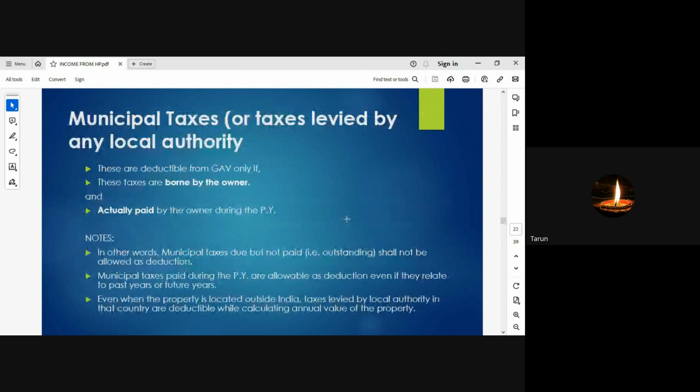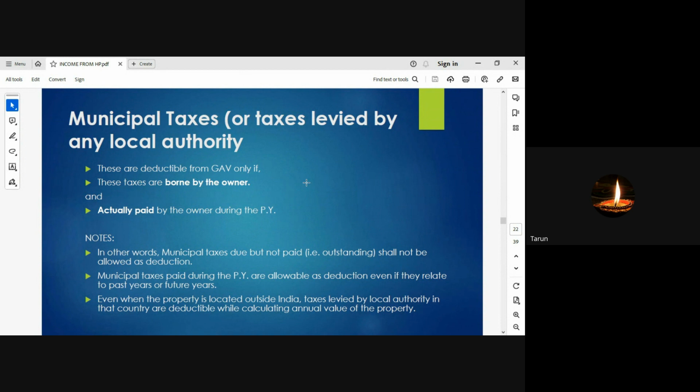Now we talk about the municipal taxes or the taxes levied by any local authority. These are deductible. As I told you, municipal taxes are always deductible from the gross annual value only. These taxes are borne by the owner, that means the owner has to pay such taxes, and they must be actually paid by the owner during the previous year.